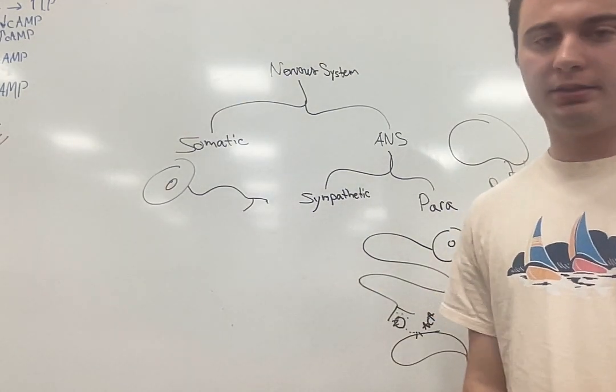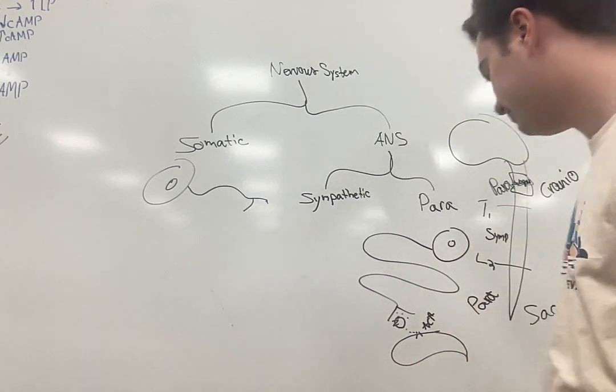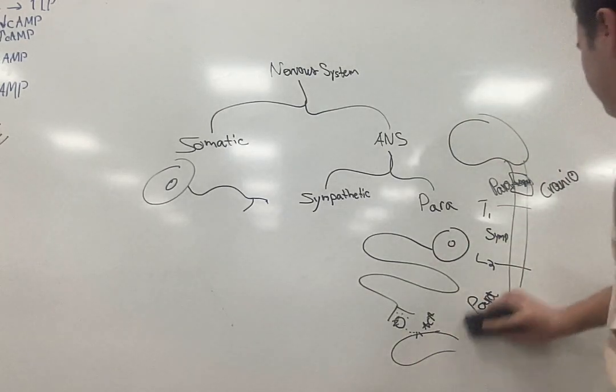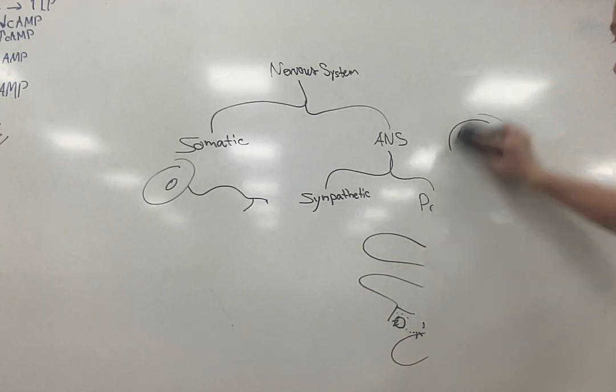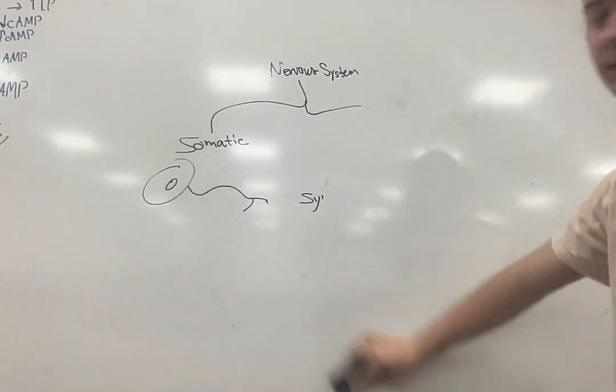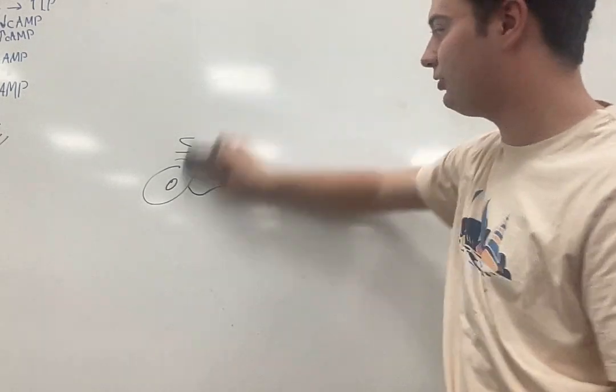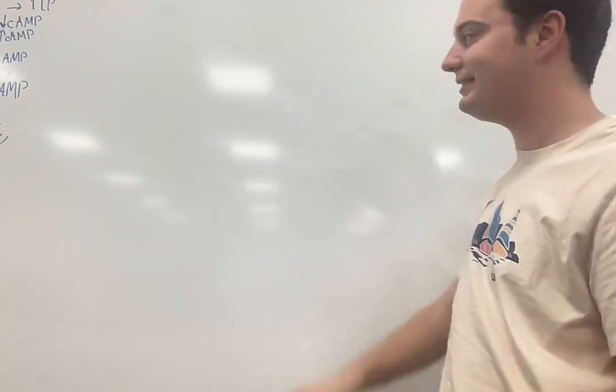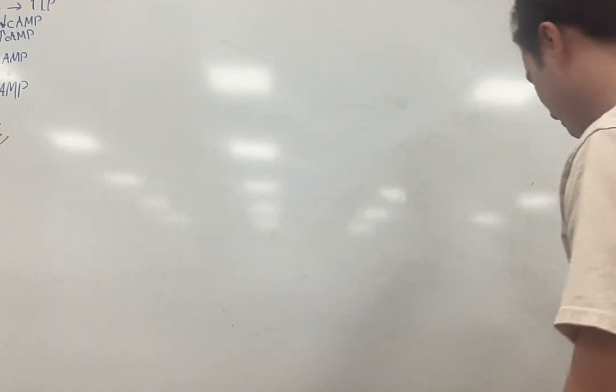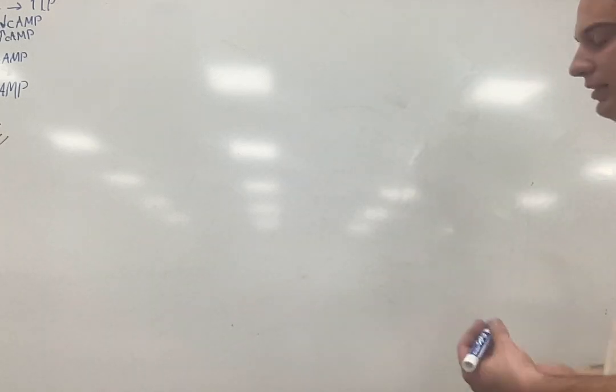And okay, let's talk about receptors now. Yeah, sorry. Drawing is just so much fun. It's so sad when I have to let it go and erase it. So you're going to have different kinds of receptors here.